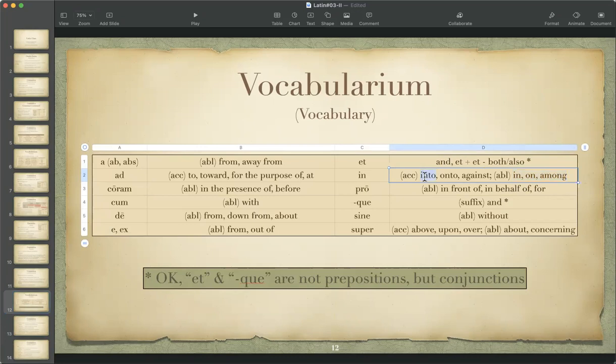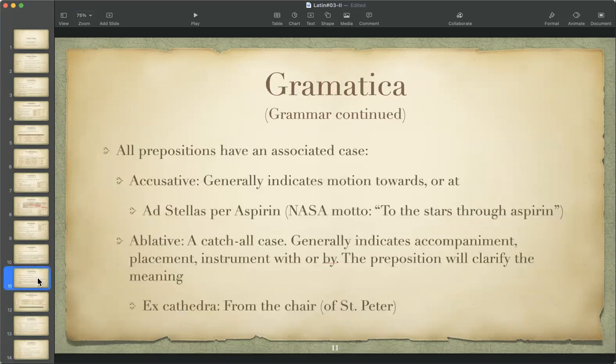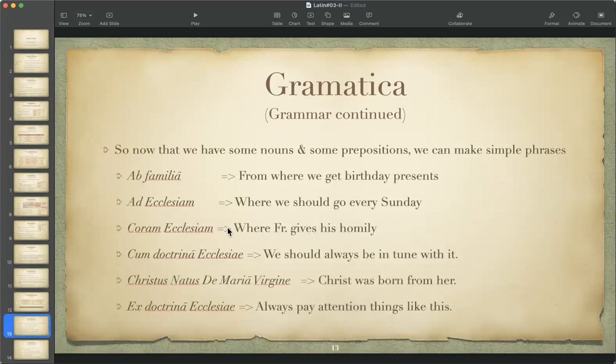If you're going into the church, then you might use the accusative. Among the assembly, it's the same thing. Ad ecclesiam is motion toward, but you can also use in ecclesiam.